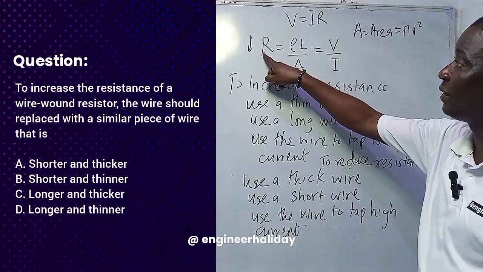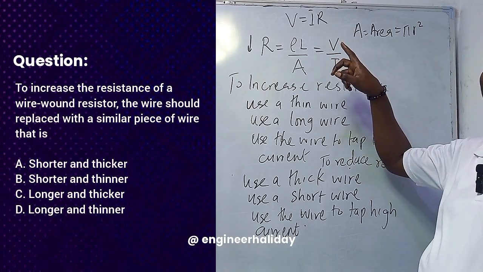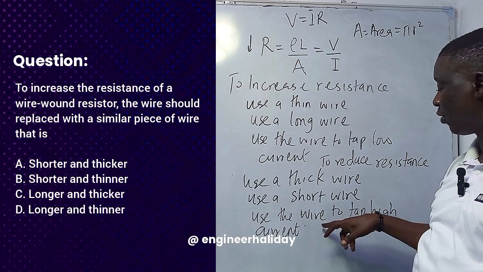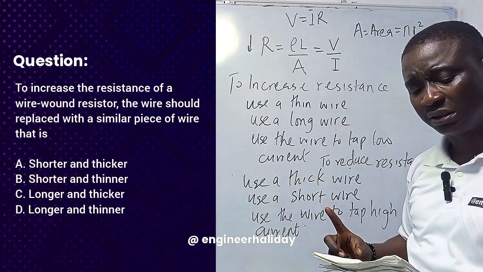Because if the resistance is low, the current will be high. So in that case, you use the wire to tap high current.